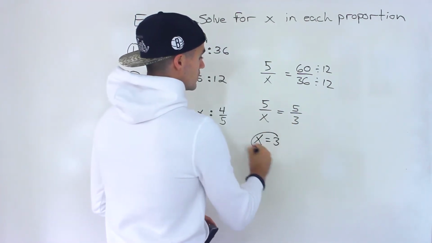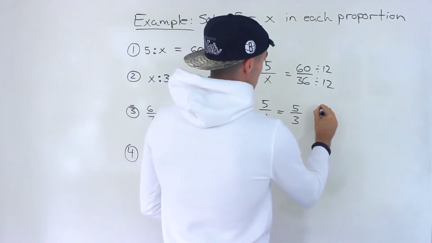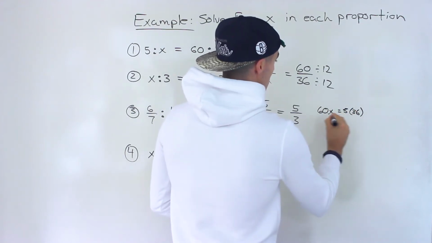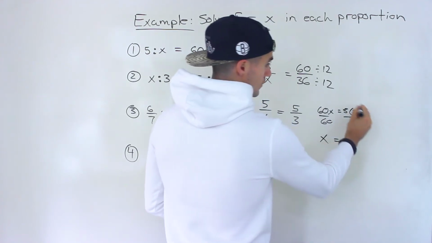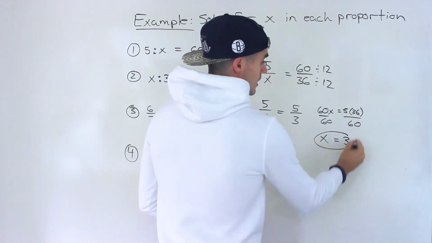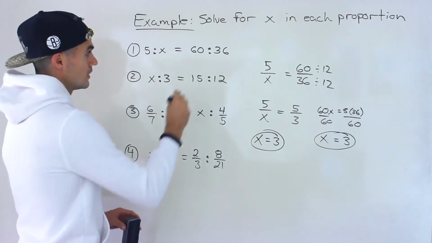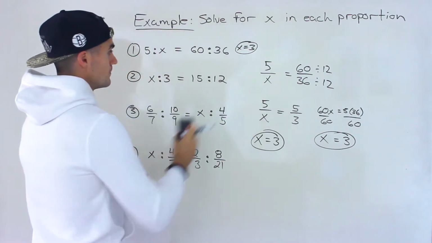So that's another way you can go about it. But if you just cross multiplied, so if you did 60x equals 5 times 36, then divided both sides by 60, when you do this calculation, you'd also get x is equal to 3. So multiple ways you can go about it, but the answer to number one is x is equal to 3.